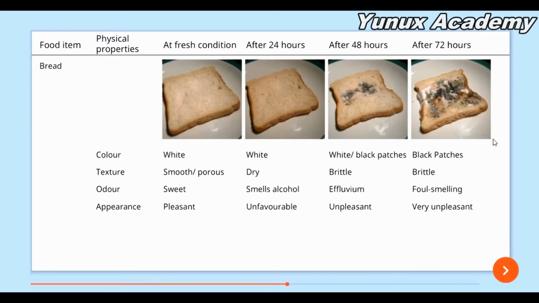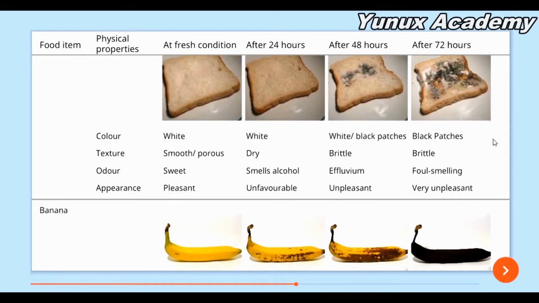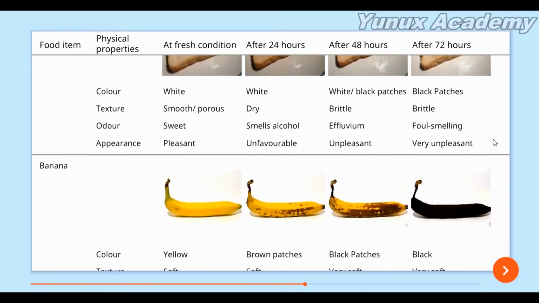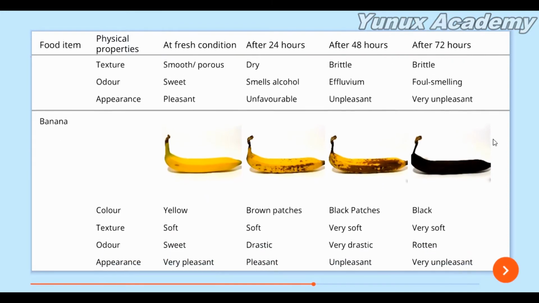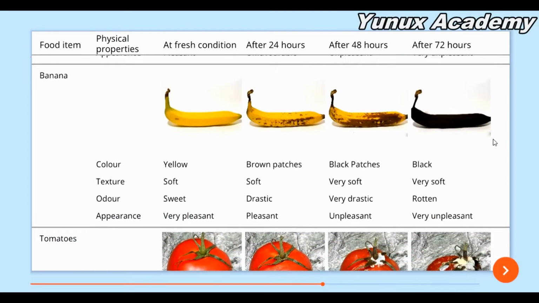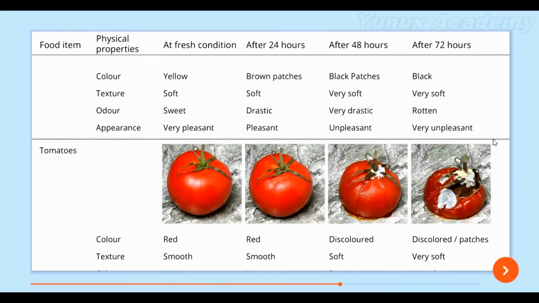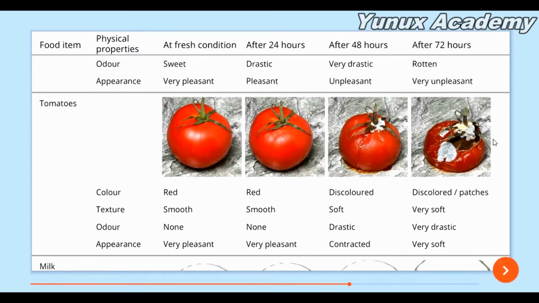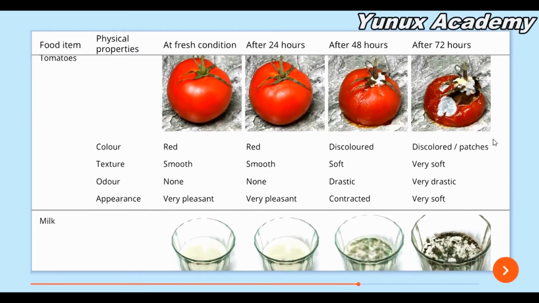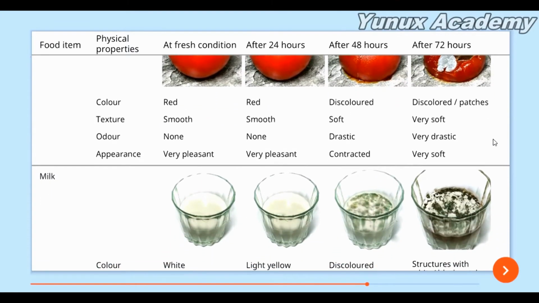When you study the given table, you will see that the other food samples are also turning gradually unsuitable for consumption, changing their color, texture, odor, and appearance. Those food items change as a result of microbial activity on them.